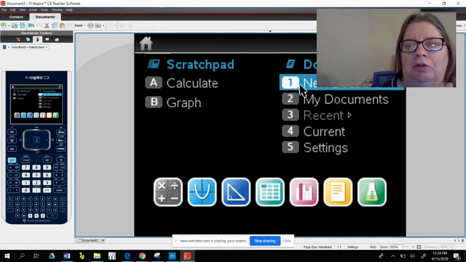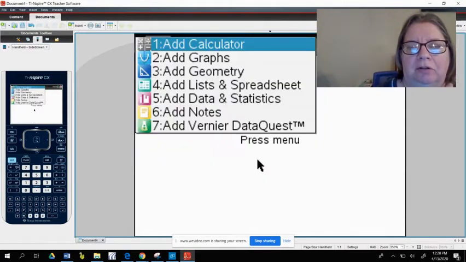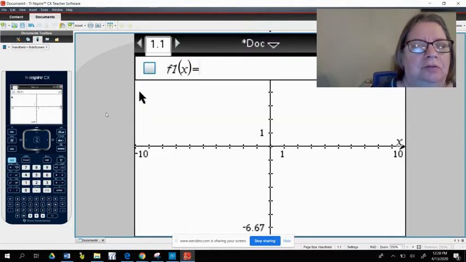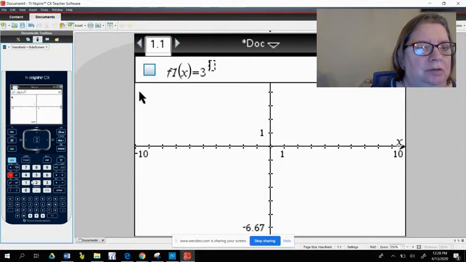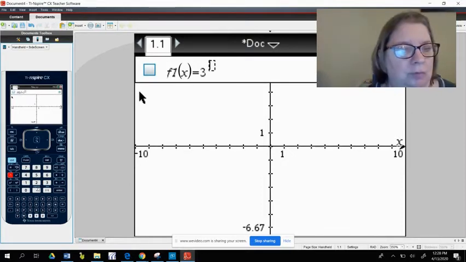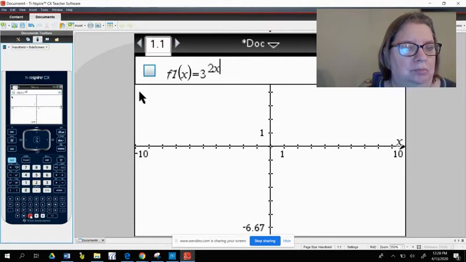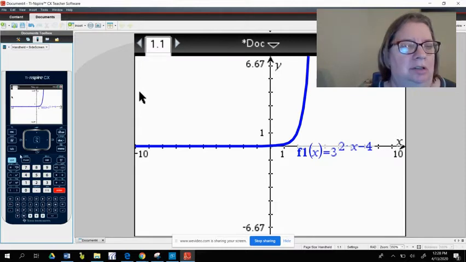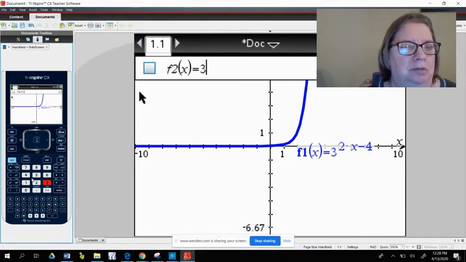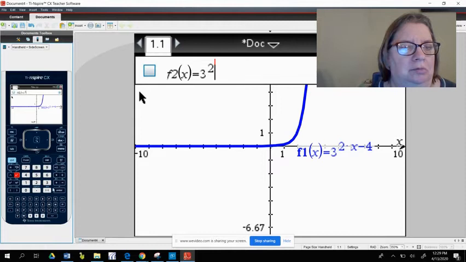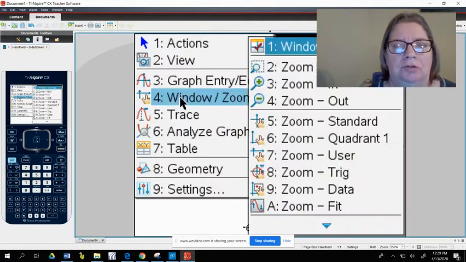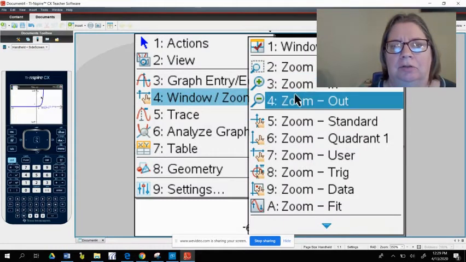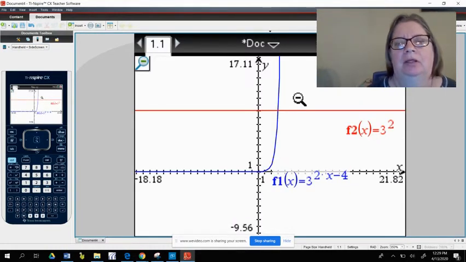Home, new document. Don't save. Graphs. 3 to the power of 2x minus 4. Tab, 3 squared. Menu, zoom out. There we go. Okay.